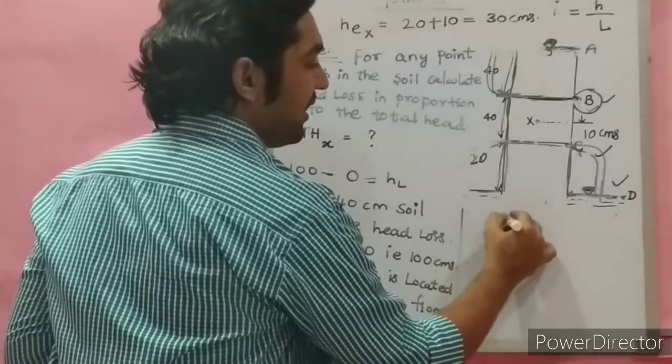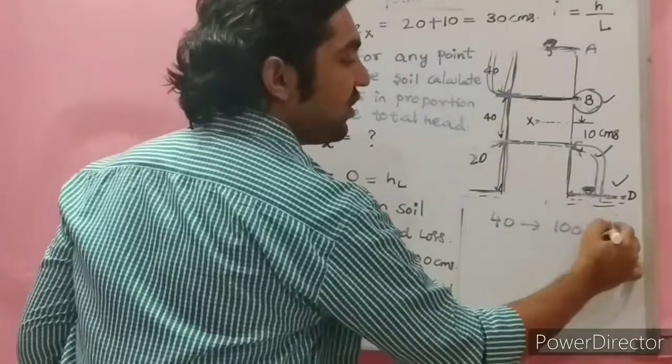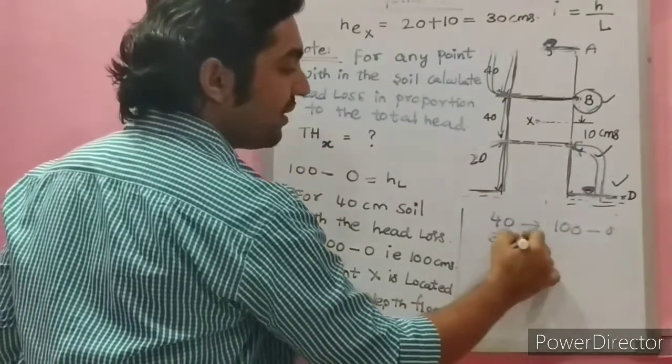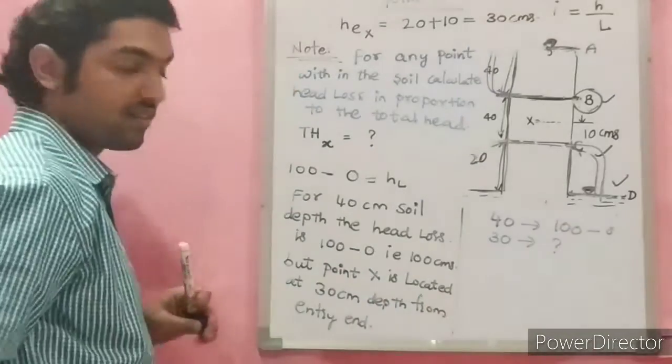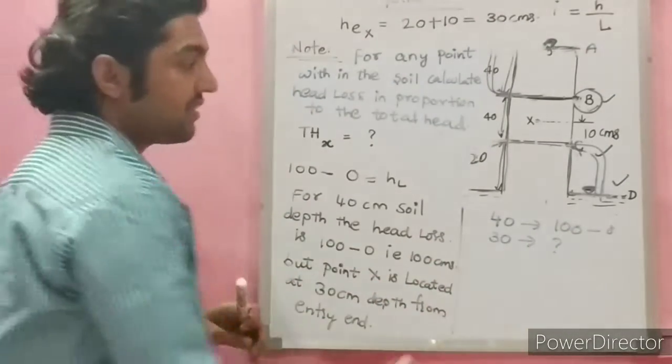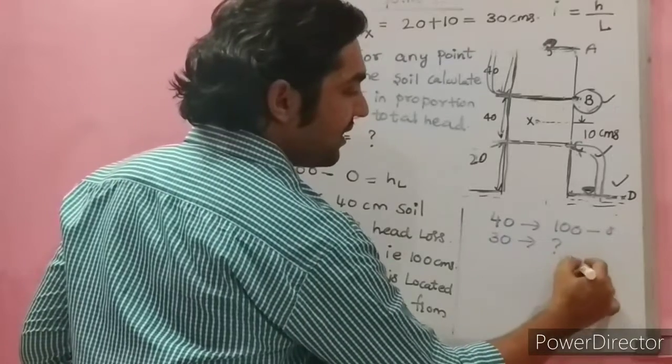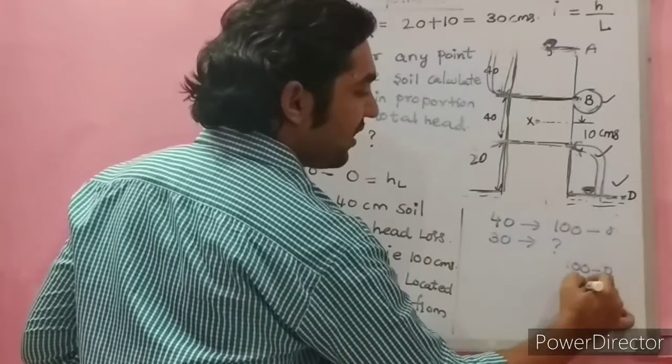For 40 centimeter depth, 100 minus 0 is the difference of total heads. For 30 centimeters, how much? 100 minus 0 by 40 into 30.